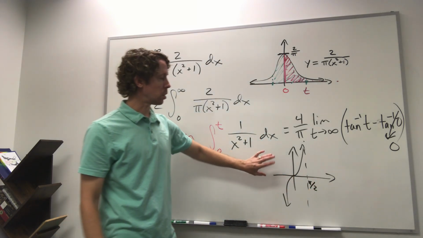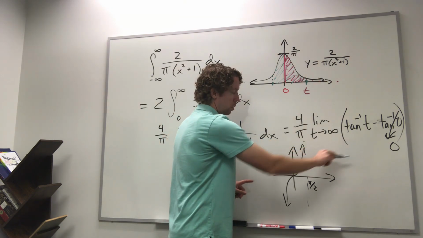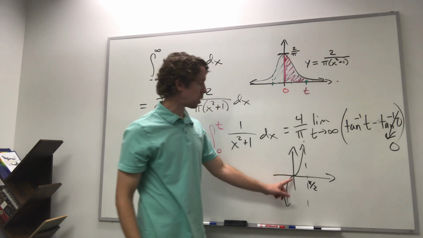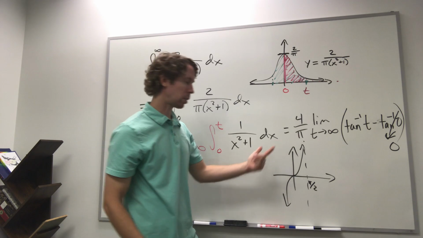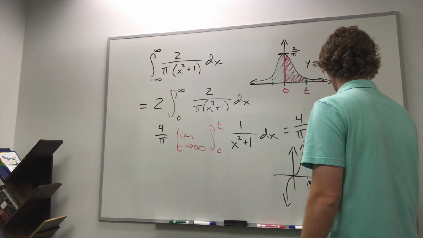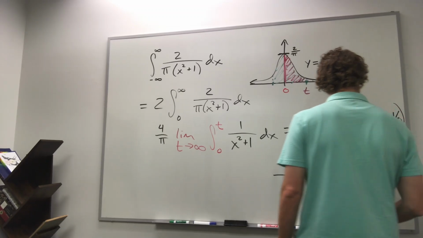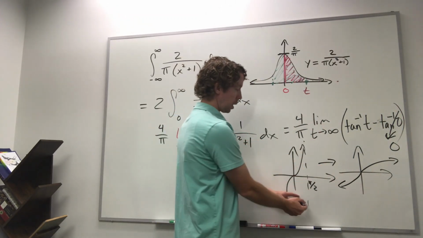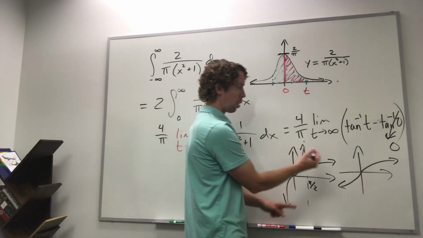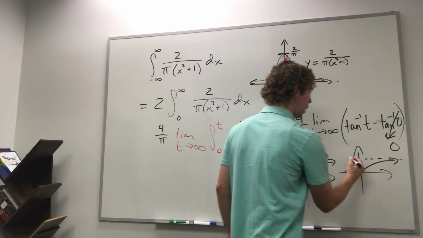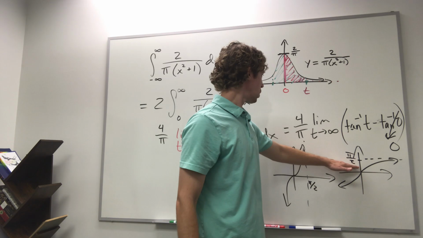That makes arctangent shoot out to, well, arctangent instead of going up the y-axis goes up the x-axis because you're switching the x and the y. So arctangent will look like this, and because tangent is going to infinity at pi over 2, same thing happens here at pi over 2. So this limit is pi over 2.